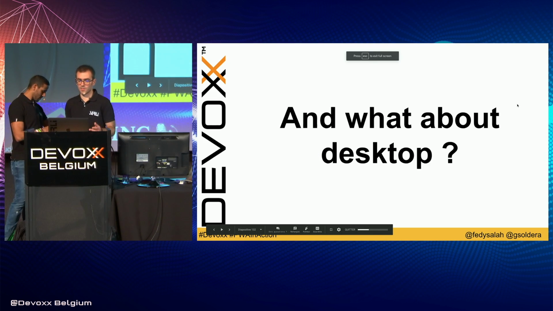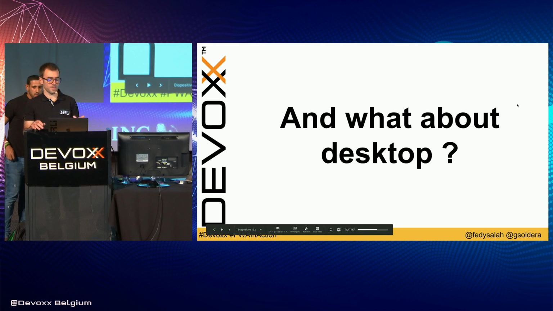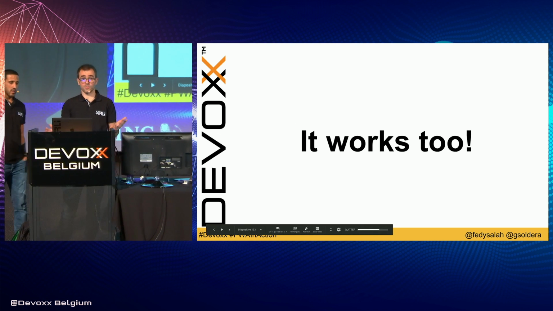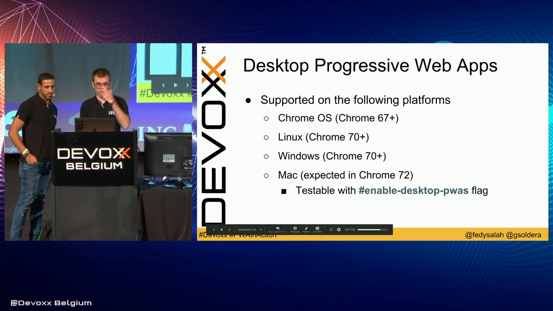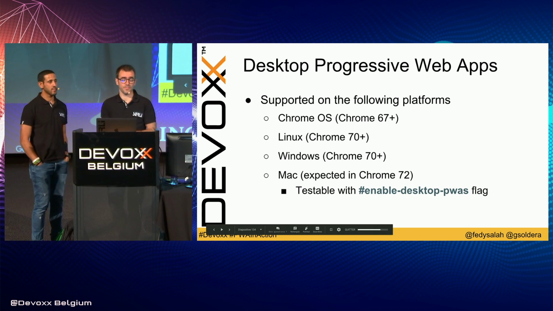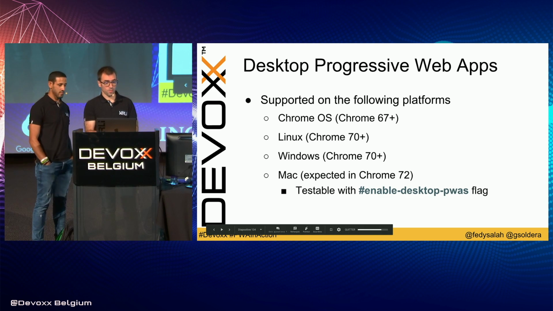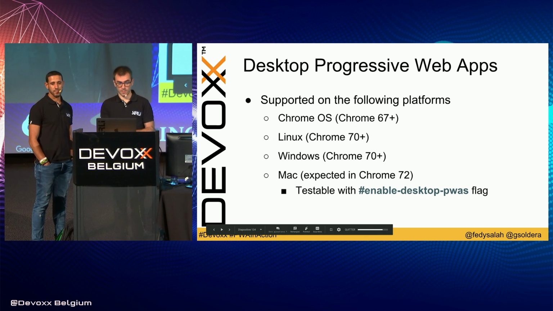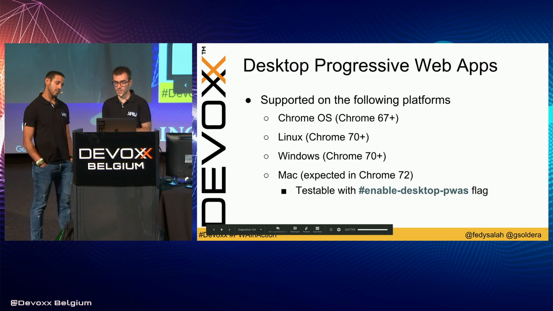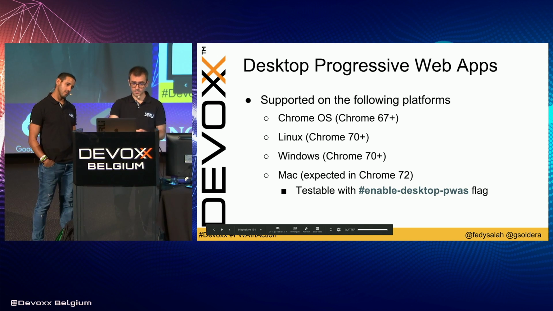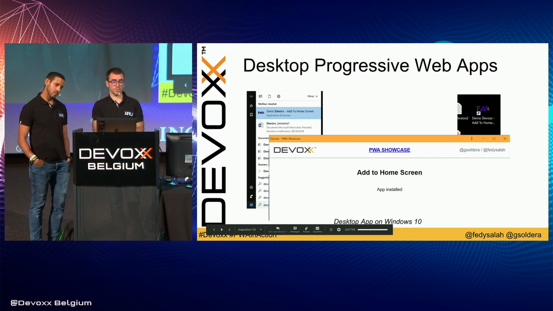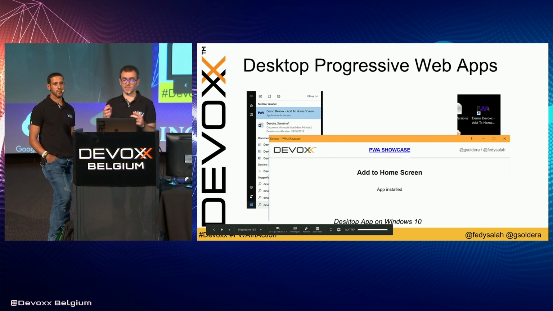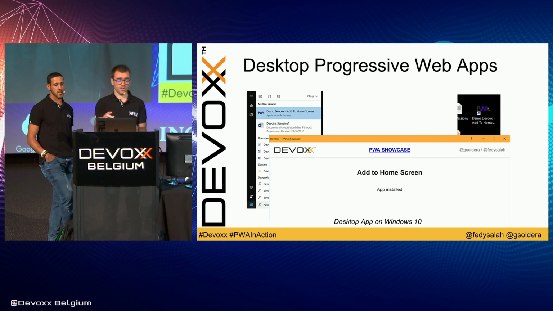So we have just seen the progressive web app on mobile, but what about desktop? It works too. There are desktop progressive web app notions. It's supported by the main platforms, Chrome OS, Linux, Windows, and for Mac it's expected in a future version of Chrome, but you can already test it by enabling a specific flag. On Windows, when you install this app there is a shortcut on your desktop.